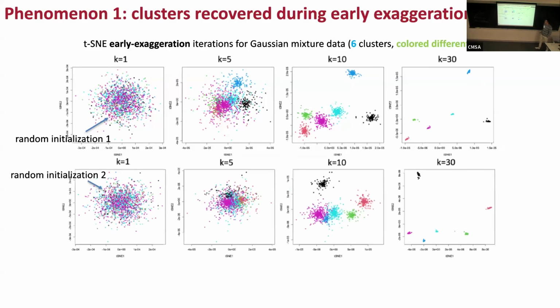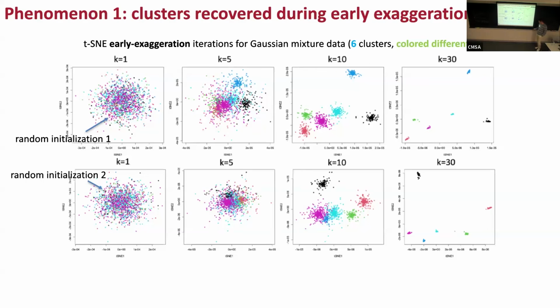Why is that? We can just generate another random initialization and run the same procedure. And you can see from the second initialization, the locations of the limiting dots completely changed.